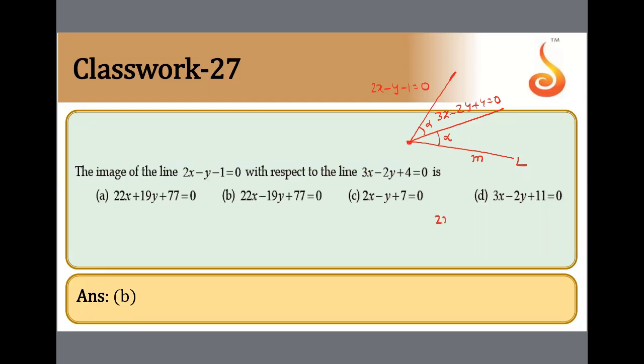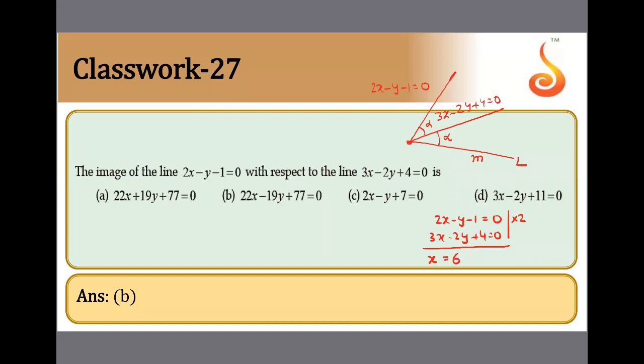So 2x minus y minus 1 equal to 0, and 3x minus 2y plus 4 equal to 0. You all must calculate the point of intersection very fast. So 4x minus 3x will give you x. Minus 2y plus 2y will cancel. Minus 2 minus 4 will give you minus 6. So x equal to 6.